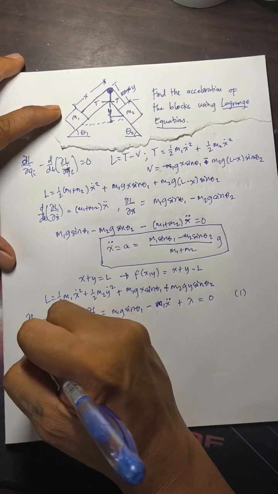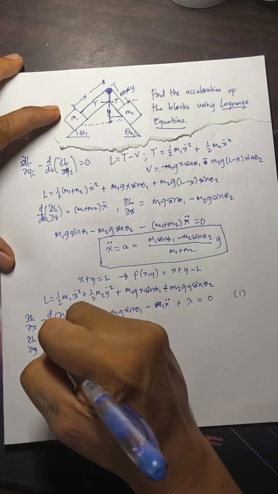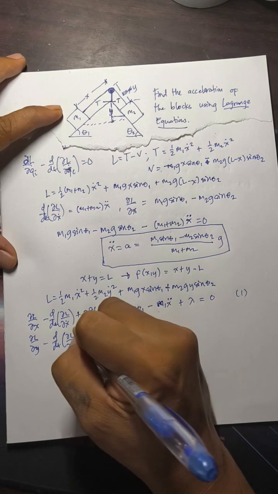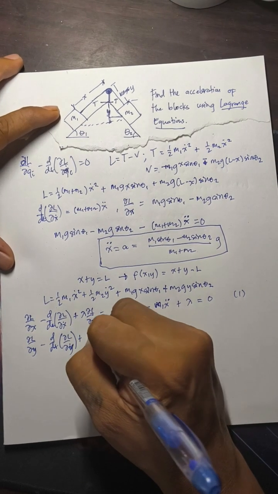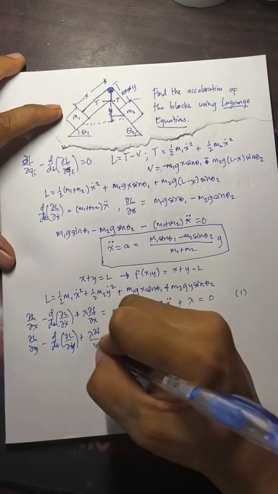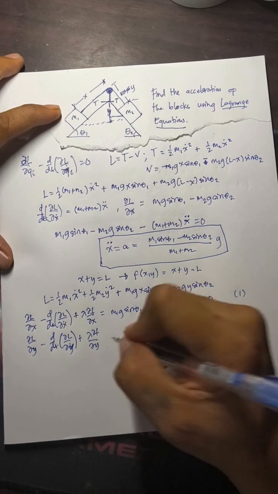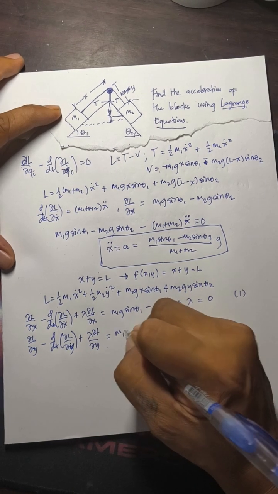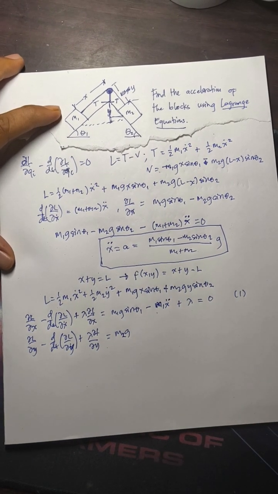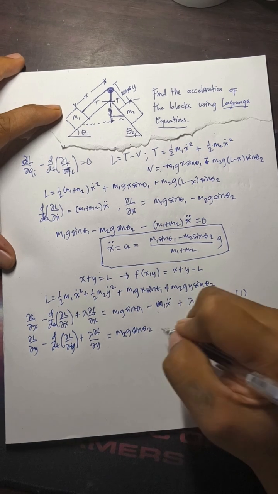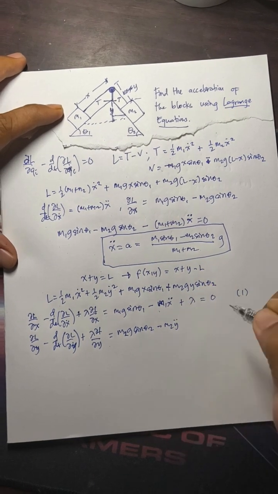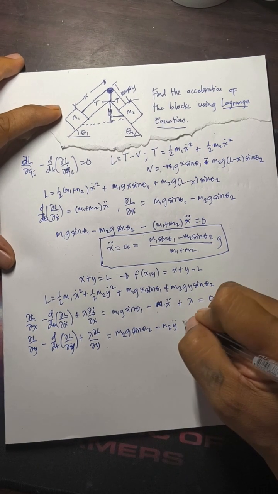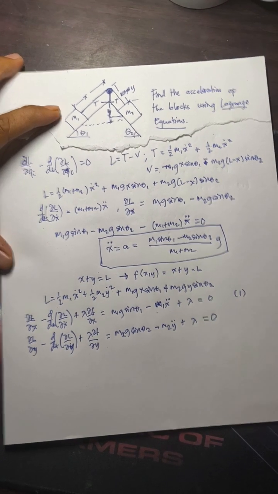And the second equation: we have partial L over partial y minus d over dt of partial L over partial y dot plus lambda partial f over partial y equals, so this will give us m2 g sine of theta 2 minus m2 y double dot, plus lambda equals 0.